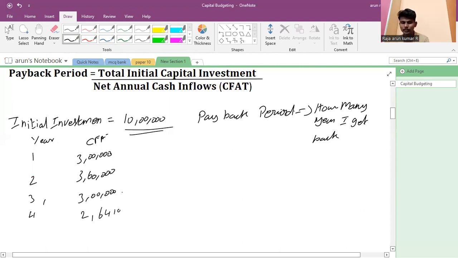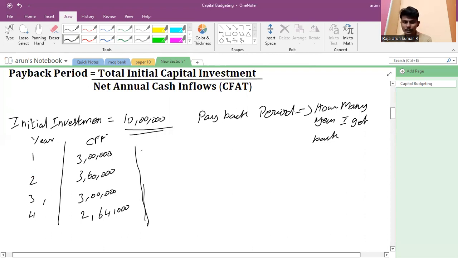This is the second step. First step, what is the initial investment? 10 lakh. They ask in how many years I get back the 10 lakh.